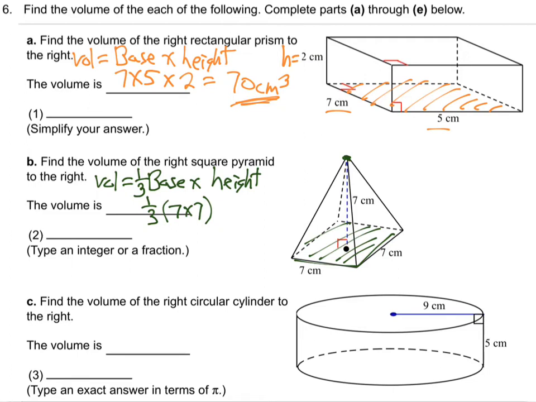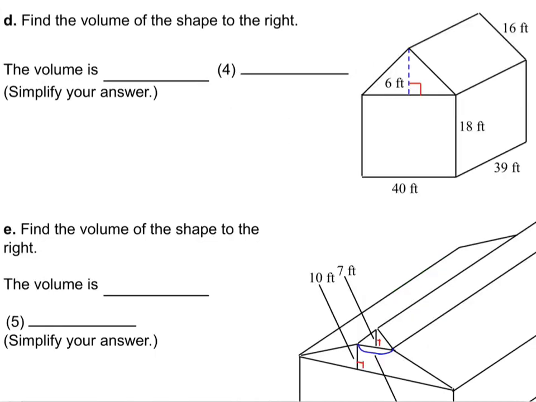And what's the height? It's this 7 coming right down there. That's the height times 7. So use your calculator. 7 times 7 times 7 is 343. These are all over 1, so that other 3 stays on the bottom. They just want us to leave a fraction. So 343 over 3, again, cubic centimeters, because it's volume, cubic units.